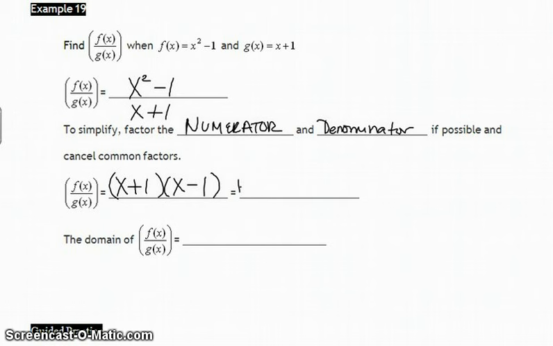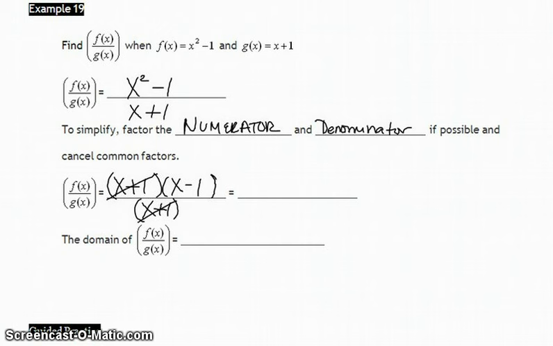The denominator, x plus 1, I can't do anything with that x plus 1. So we are done. Now we need to look for common factors, common binomials that occur in the numerator and the denominator, and then I can cancel those out. I have an x plus 1 in the numerator and the denominator, so my solution is what's remaining, which is just simply x minus 1 in this case.